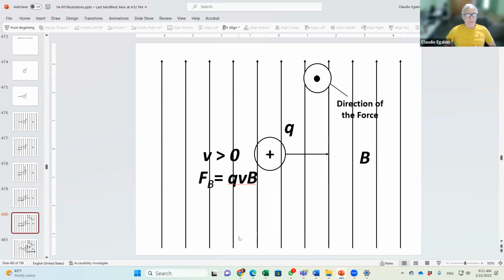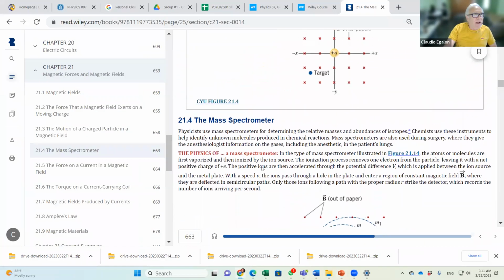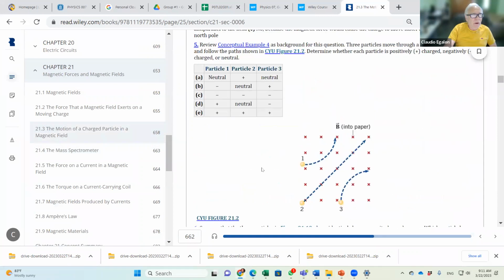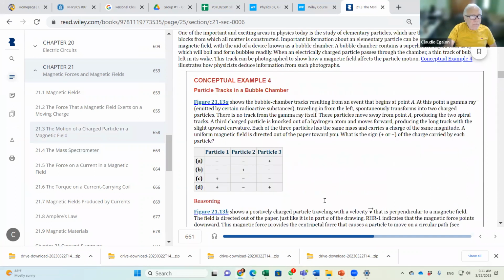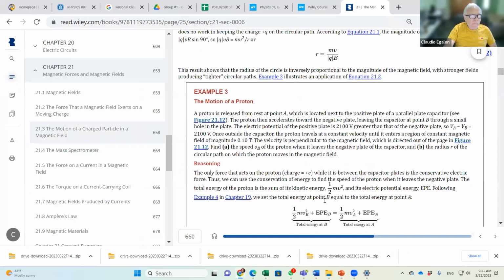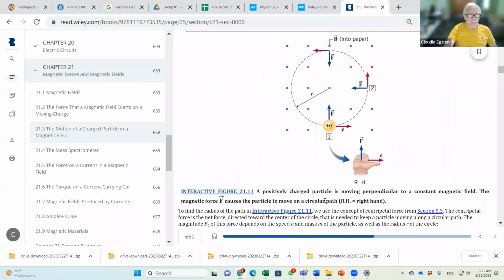The book describes the right-hand rule, and you must have a nice illustration here. Here you go, right-hand rule, see that? Interesting, they're doing the right-hand rule in a different way here.